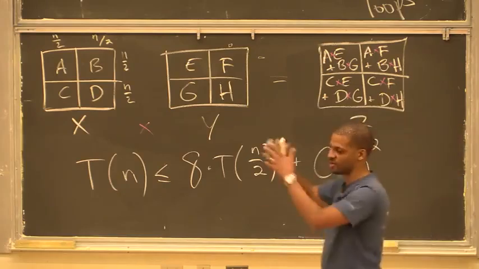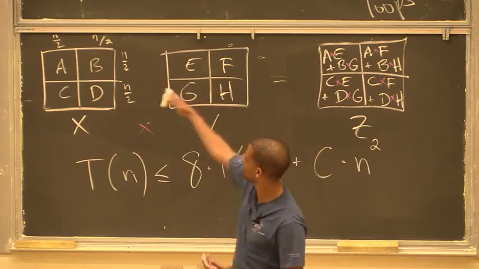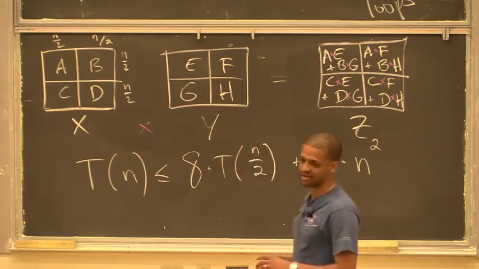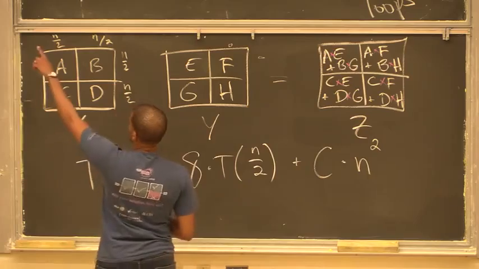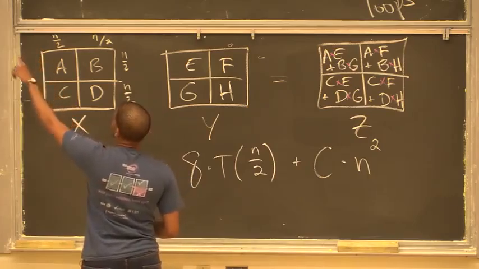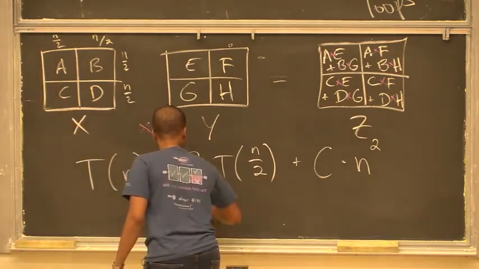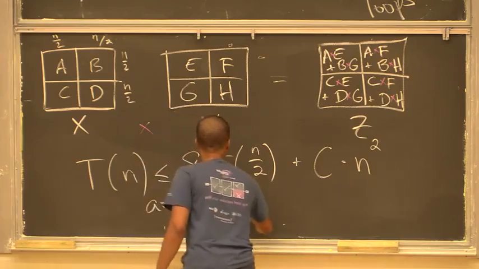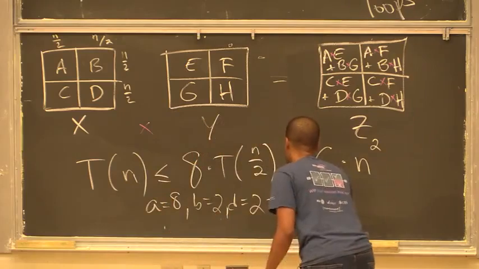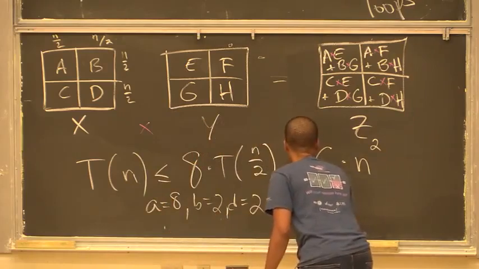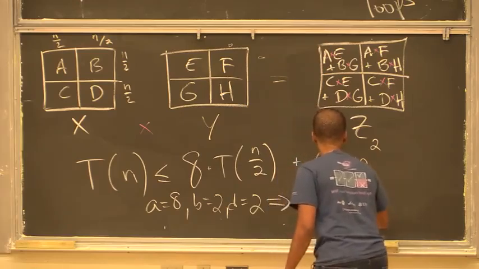And we could draw out the recursion tree and calculate it from scratch, but we don't have to because this fits in with the format of the master theorem. So the master theorem says that, so what's A? A is 8, B is 2, D is 2, which implies A over B to the D, so 8 over 2 squared, that's bigger than 1.